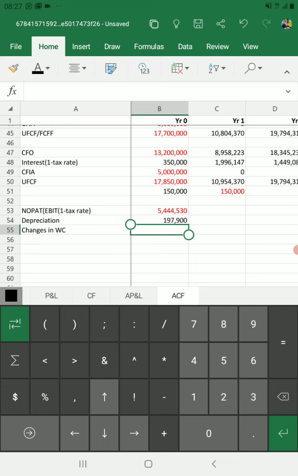So we need to make an adjustment for changes in net working capital, and we did that exercise in our annual indirect cash flow. I will take you there.